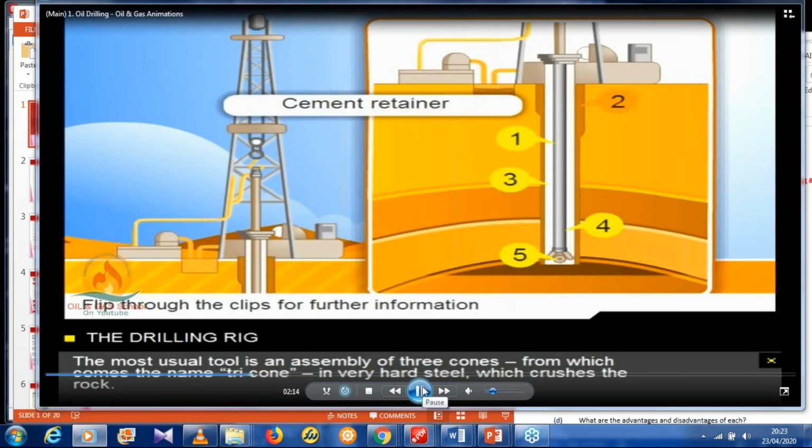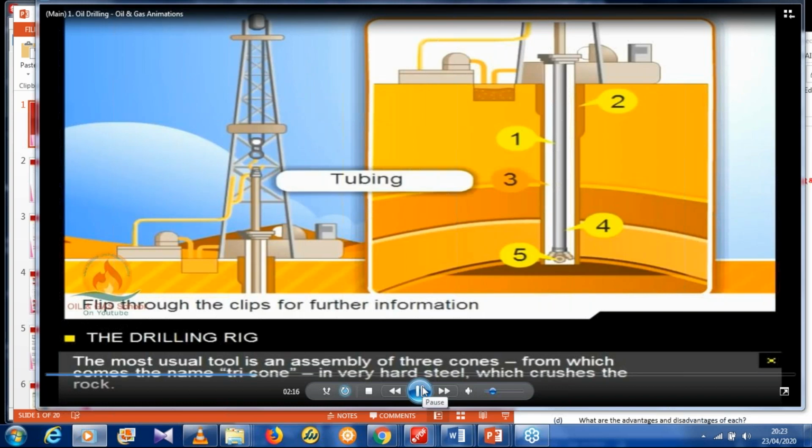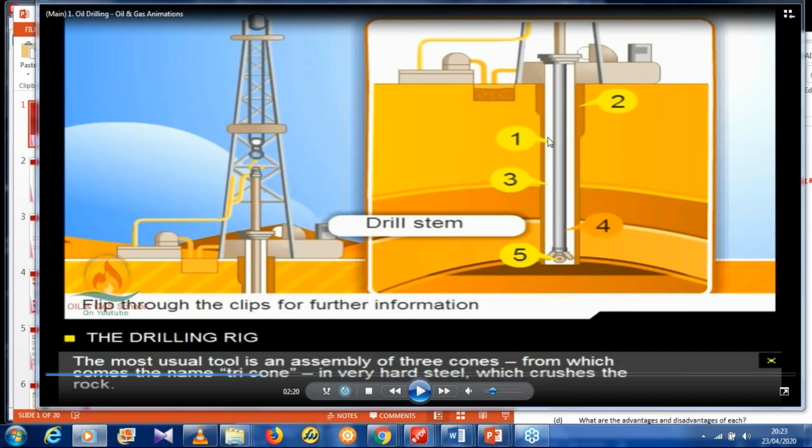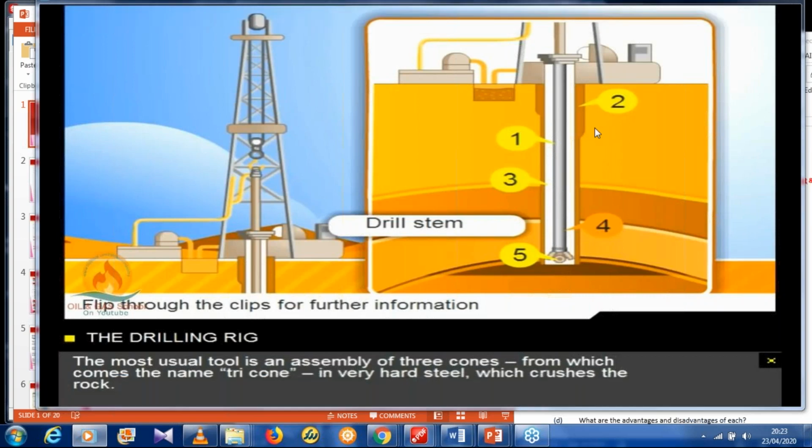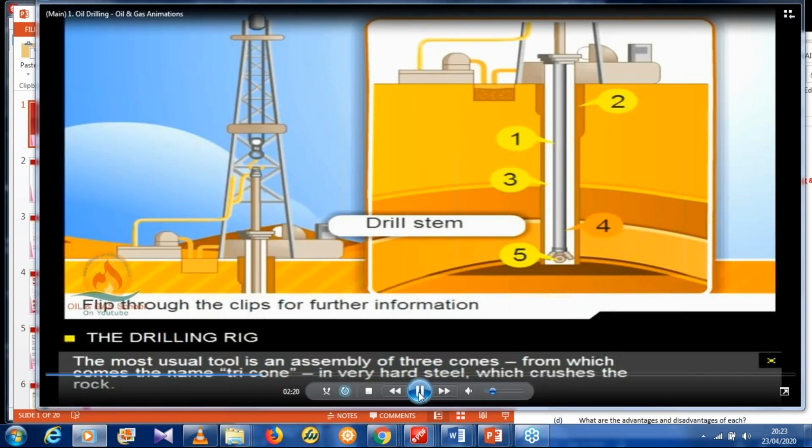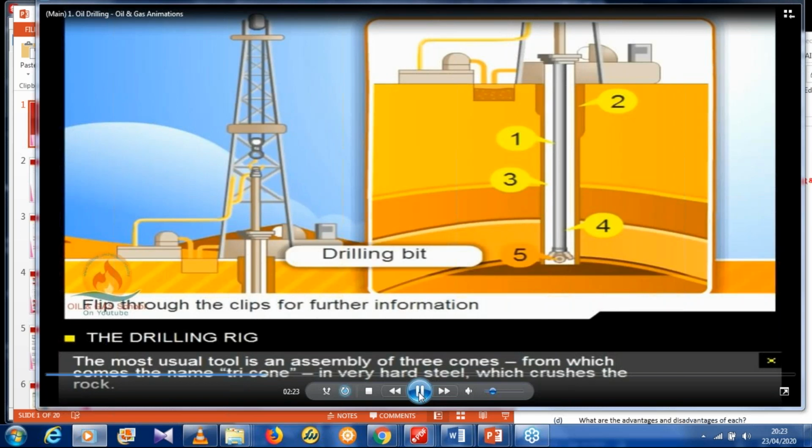We have our tubing. If you notice, the cement retainer and the tubing are very close, just a thin line between them. All right. Then we have the drill stem, and finally the drill bit, which I talked about earlier.